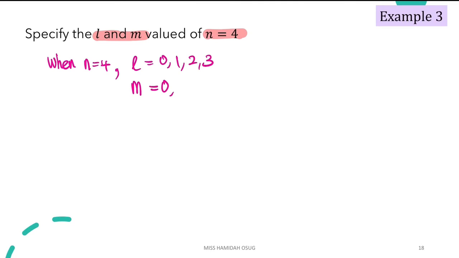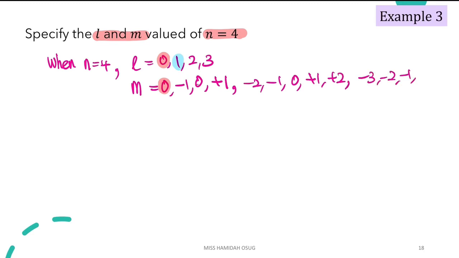So the value of M should start with 0, and then negative 1, 0, plus 1, and then negative 2, negative 1, 0, plus 1 and plus 2, and then negative 3, negative 2, negative 1, 0, plus 1, plus 2 and plus 3.